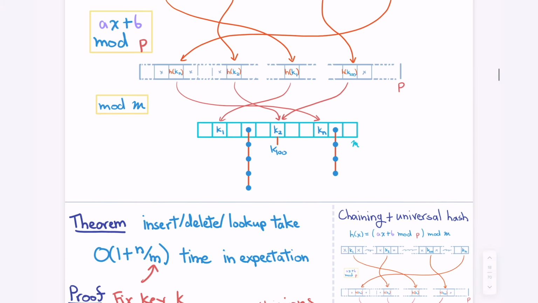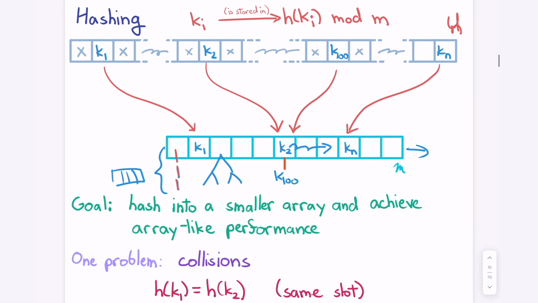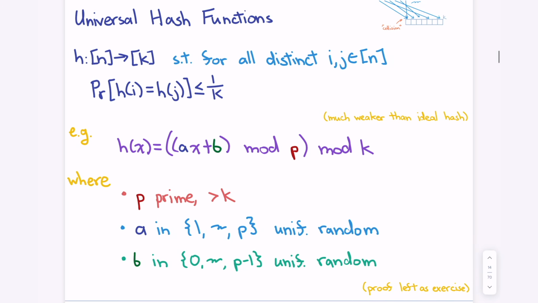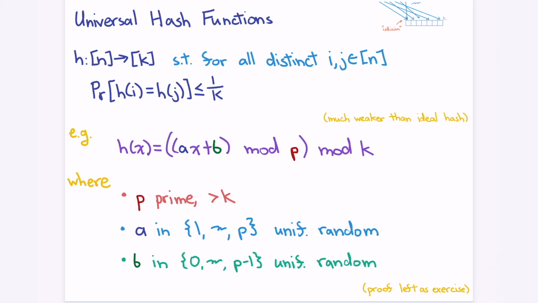Okay, so what's the key point? I think the key point is how we're able to get away with using universal hash functions. Again, slight change in notation because k is in the denominator there. But all I know about the hash function is that any two keys have a limited chance of colliding. Otherwise, the hash function we use itself is not that random. It's just ax plus b, right?